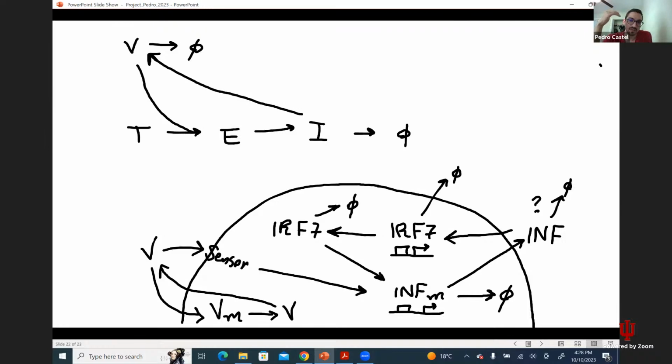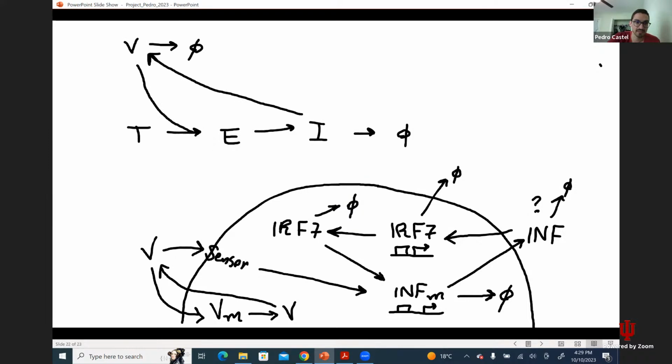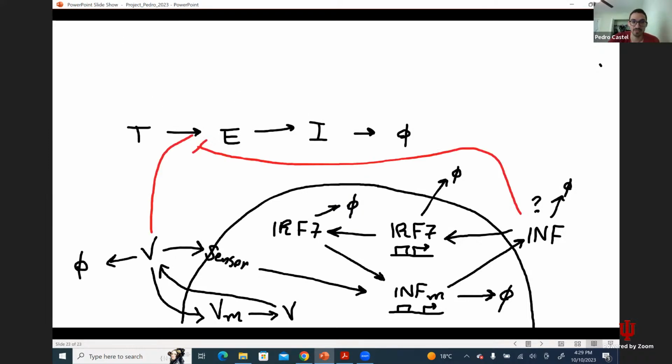Because that's my goal. It's to model the cell actively transitioning between the states that are in this small network here, the population model. So the cell would come from target cell to eclipse to infected and releasing virus. This is all being described by this network down here. And in some way, I would merge them together. I'm not sure how to do it, but the virus that was up there, now it is released by the cell.